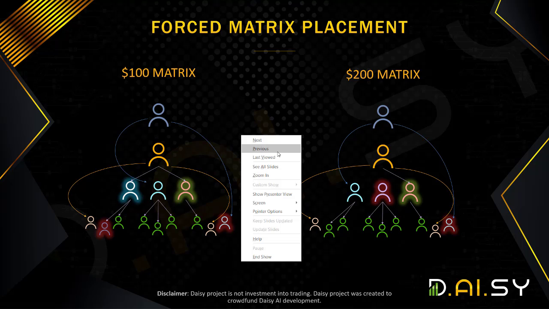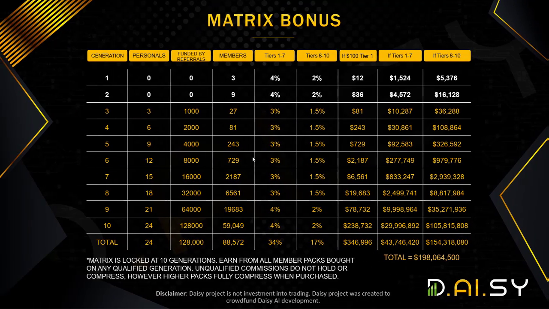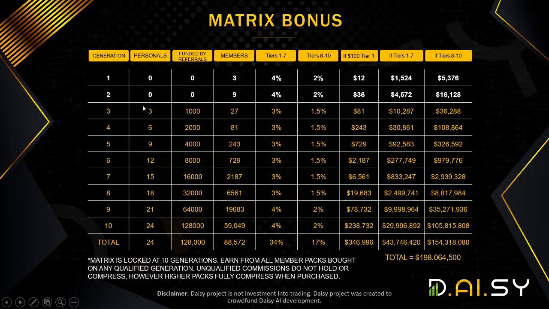And so that's the reason why there's a very, very big benefit to make sure to be qualified for as many rows as possible. Ideally, if a person can bring in 24 people, and those people have at least 24 people directly, and those people have a total payment for the crowdfunding packages of at least $128,000, then I'll be qualified for all 10 generations, right?